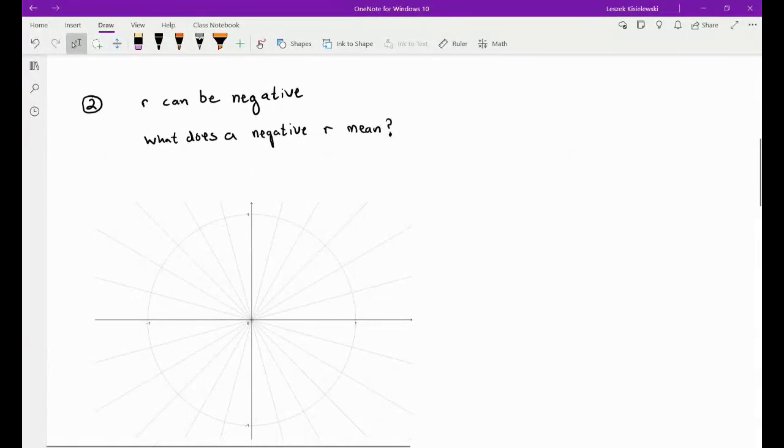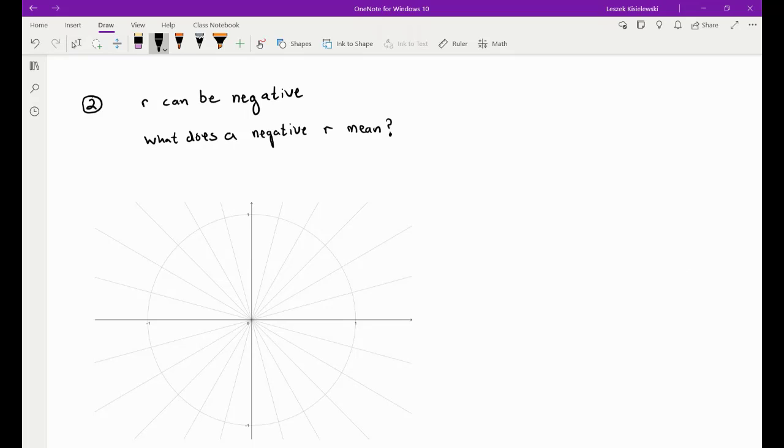So the next observation is that r can be negative, at least in calculus 2 here, right? So it's a little warning: later on in other courses like engineering courses or maybe physics courses, your professors might insist that r is the distance to the origin.